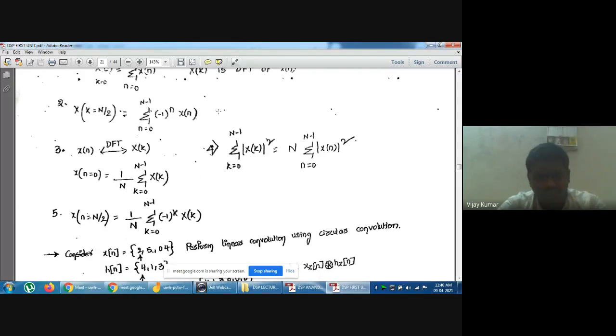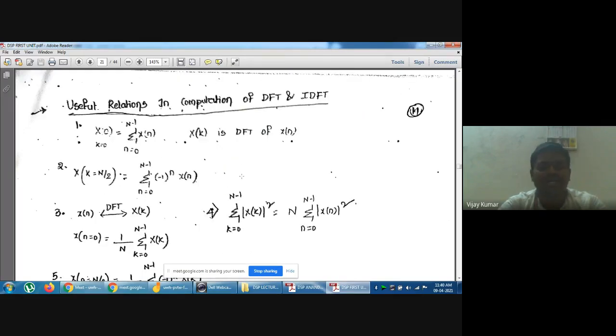Similarly, one more formula is obtained from Parseval's relation. If you are asked to compute the energy of a signal, the energy in the discrete domain is summation n equal to 0 to n minus 1 of x of n whole square, equal to 1 by n summation k equal to 0 to n minus 1 of x of k whole square. You can use this formula to compute the signal energy.